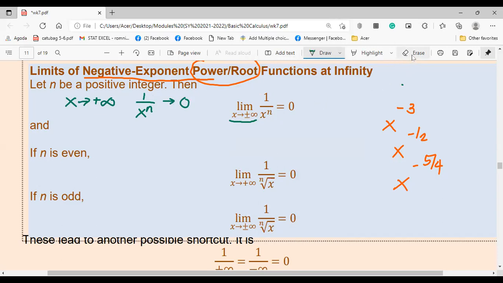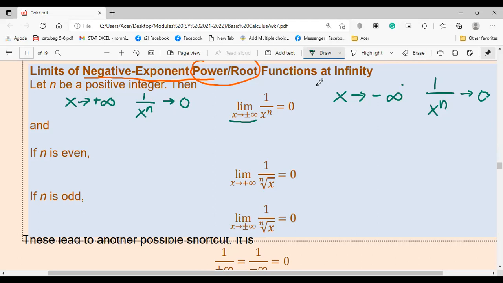On the other hand, ang sinasabi din, when x keeps on decreasing, itong si 1 over x raised to n daw keeps on approaching 0.